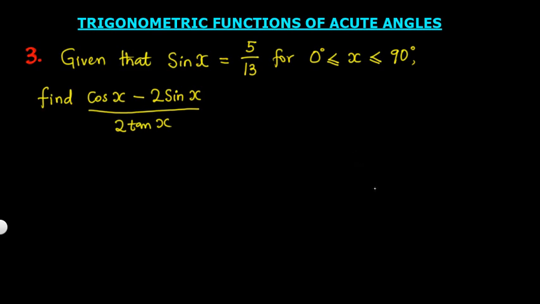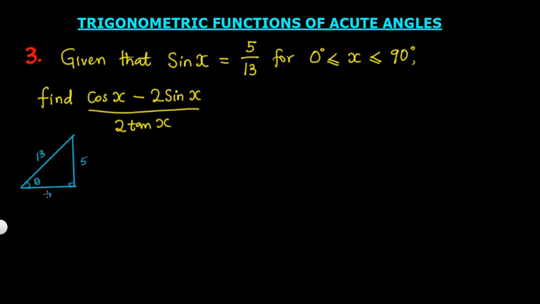So to do this, we simply draw the right angle triangle. Since it's an acute angle, we draw the right angle triangle. That gives us something of this nature. So drawing the arc, we can spell out the opposite. Since sine is opposite over hypotenuse, if this is our theta, the opposite is 5, hypotenuse is 13.